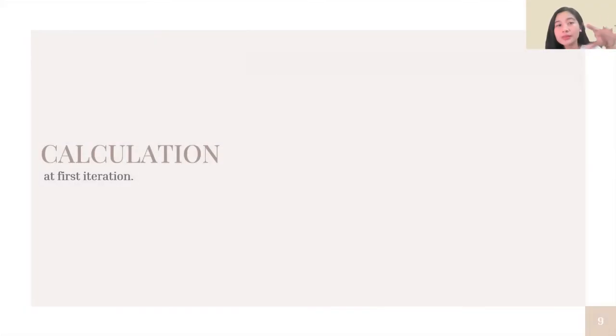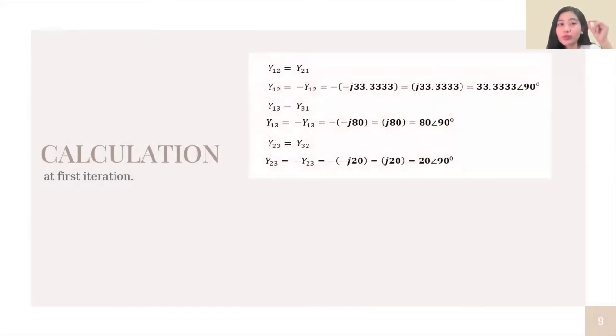Next, we already solved for y12, y13, and y23, but we did not multiply them by negative. We said that if it is an off-diagonal element, it always has to be multiplied by negative 1.